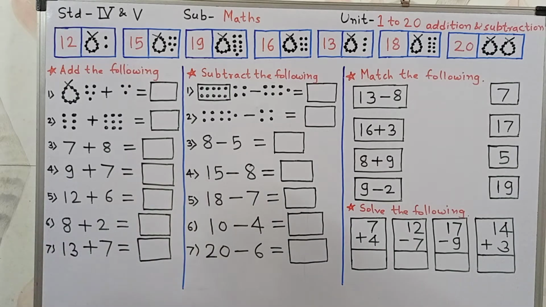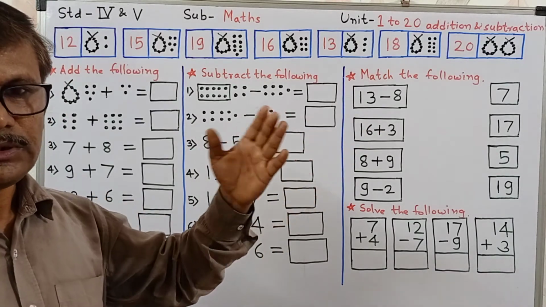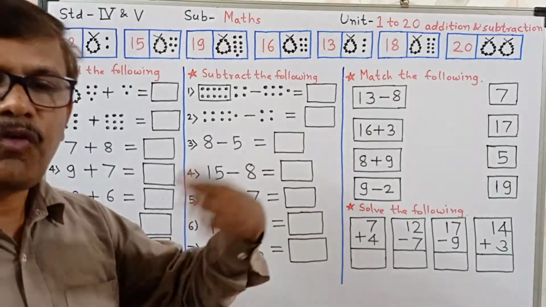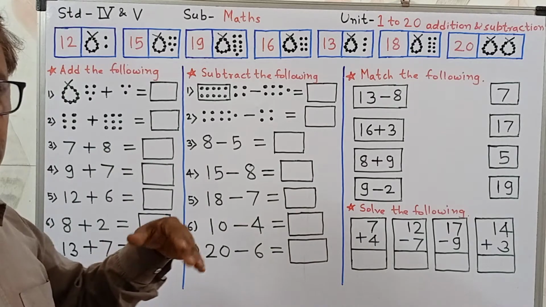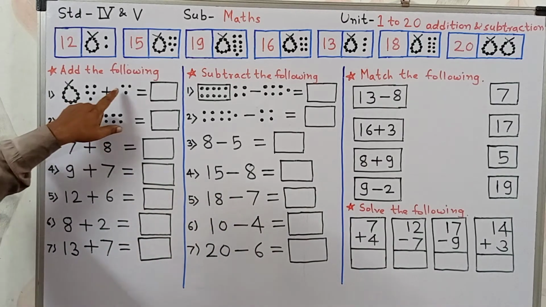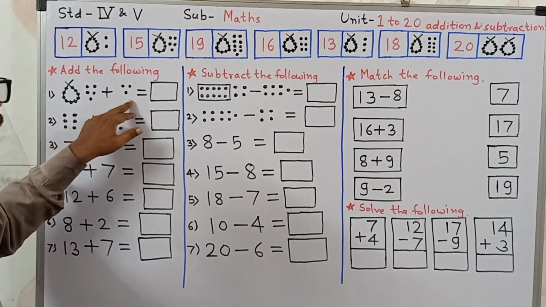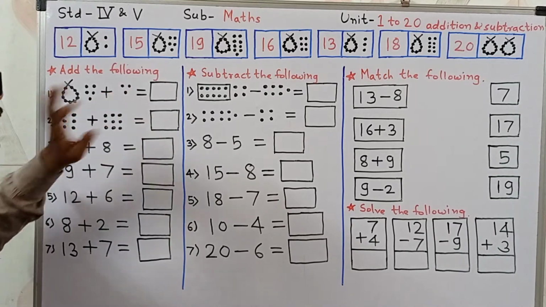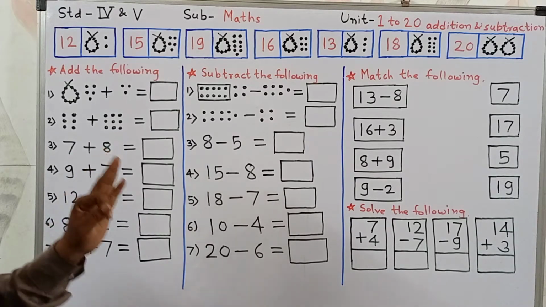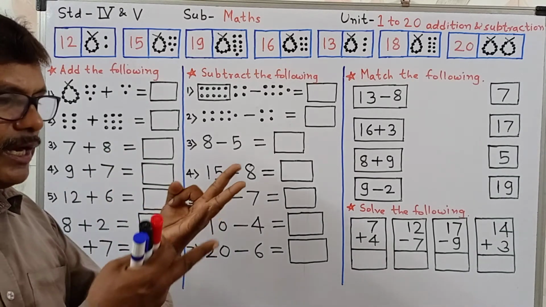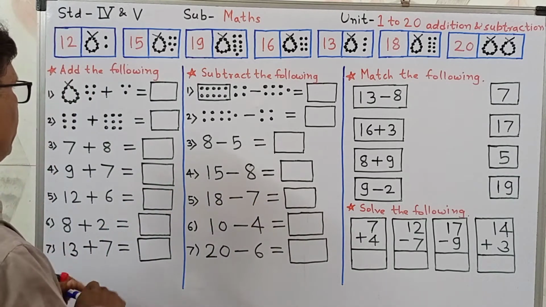Addition is to count forward. 15 plus 3 is equal to 15, 16, 17, 18. Take 3 fingers and count after the bigger number. Okay? So the answer is 18.